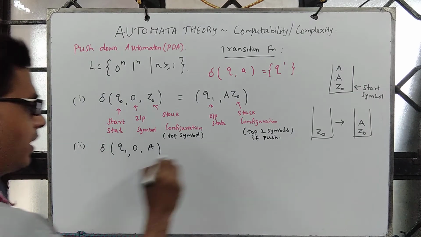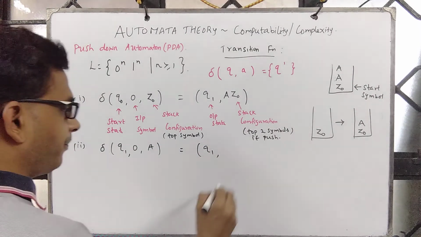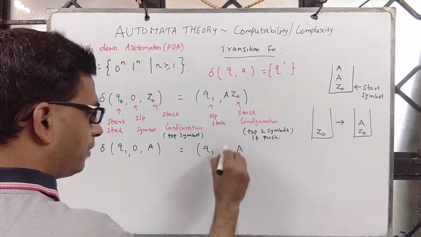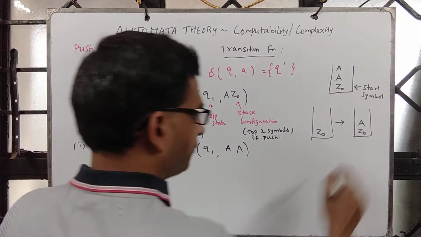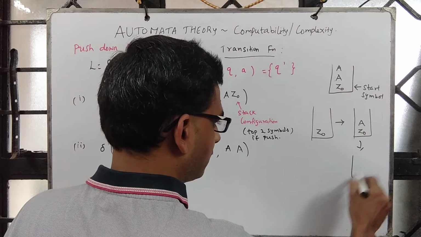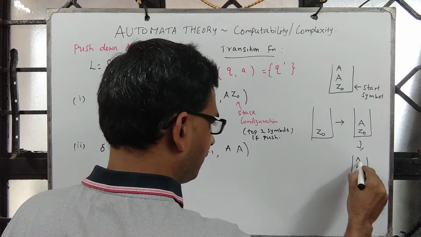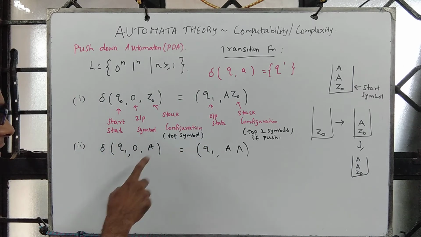Now what happens? We are at Q1. We currently have A, and on top of it we push one more A. So we move from this configuration to Z0, with A on top of it, then one more A. Suppose we go through this again.